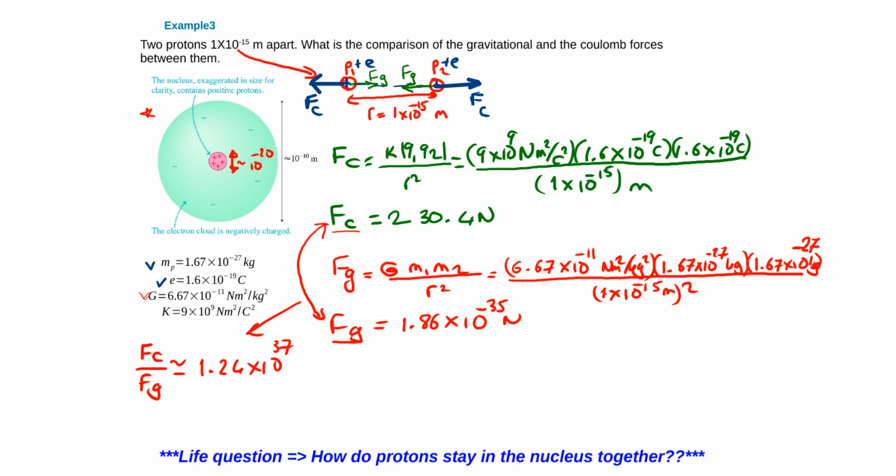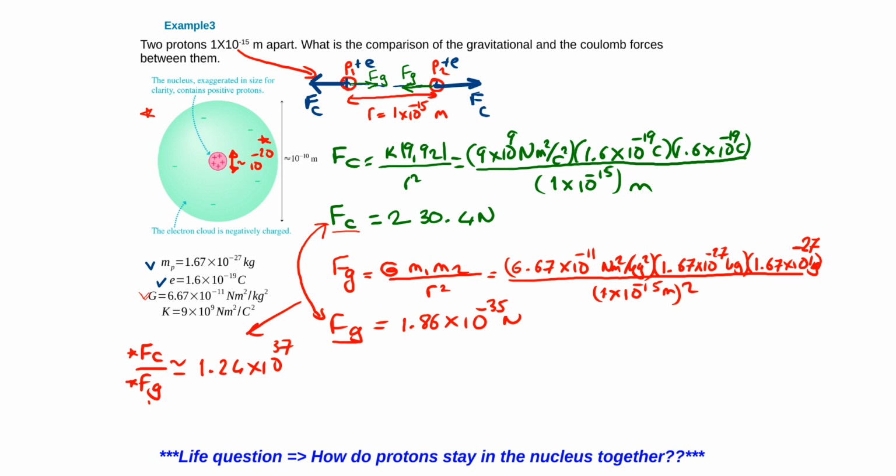Now this distance is a bit larger than the general distance for an atomic nucleus, but close to it. So there's a large electromagnetic force, electrostatic force, sorry, and very small gravitational attraction.